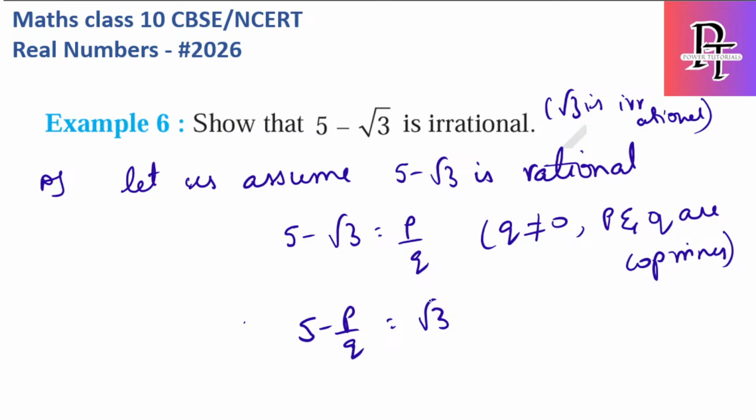Okay, 5 minus root 3 equals p by q. 5 minus p by q becomes root 3. p, comma, q are integers, so p by q is rational.